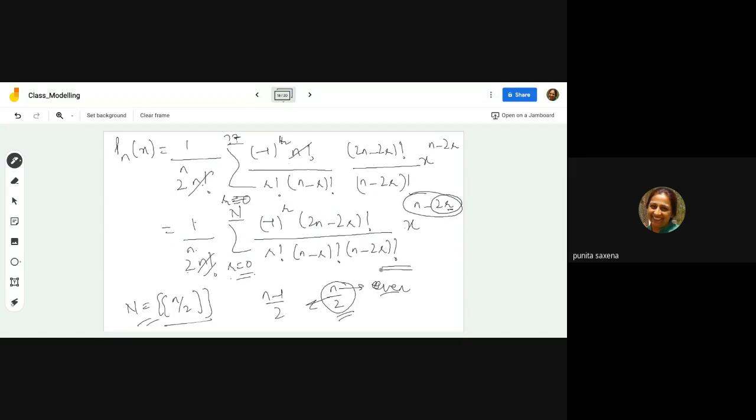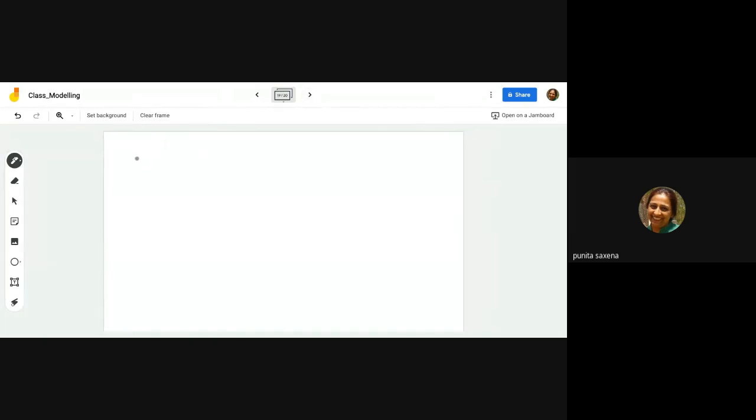And this is exactly similar to what your Legendre gave. You can take this 2 to the power n also inside the summation, and you have the same expression. It's just that instead of k, we are writing r. That was deliberate so that it's more clear to you. This is what we have: 2n minus 2r factorial upon, now I have taken 2 to the power n also inside the summation.